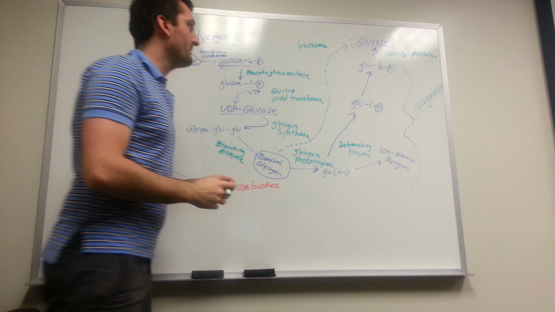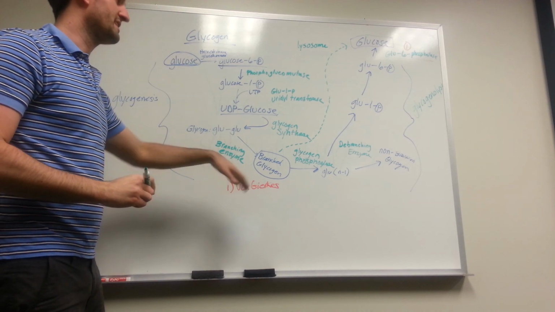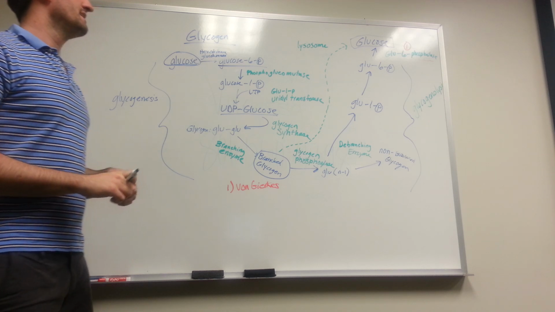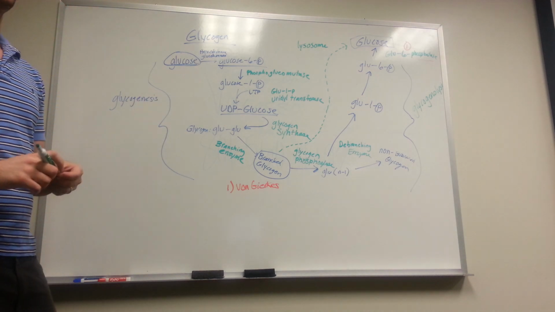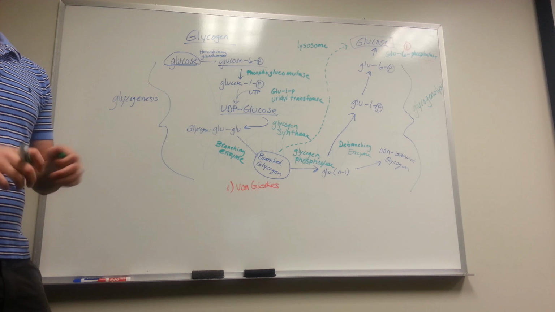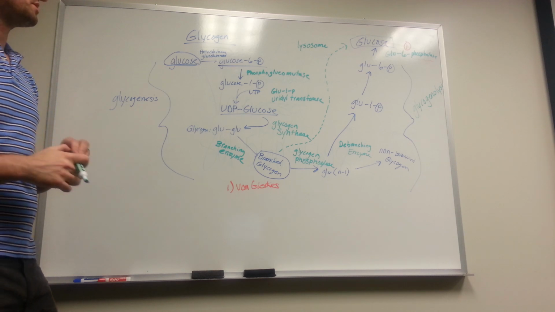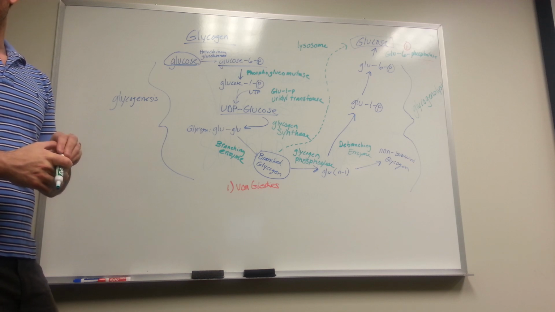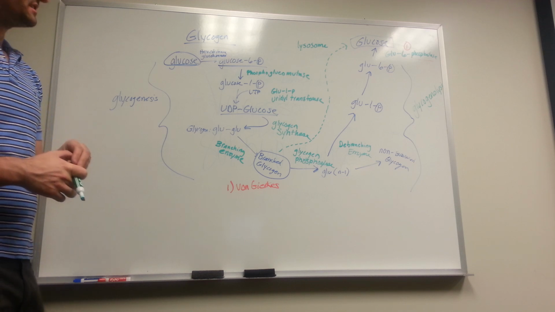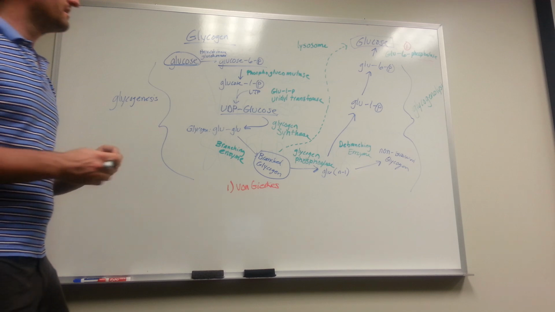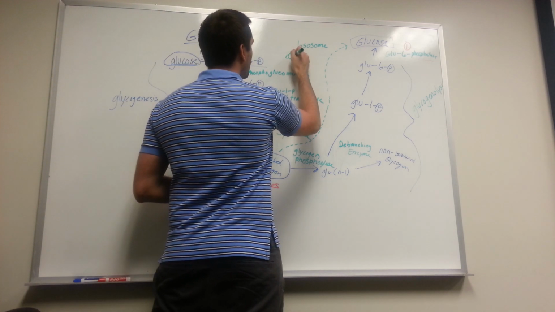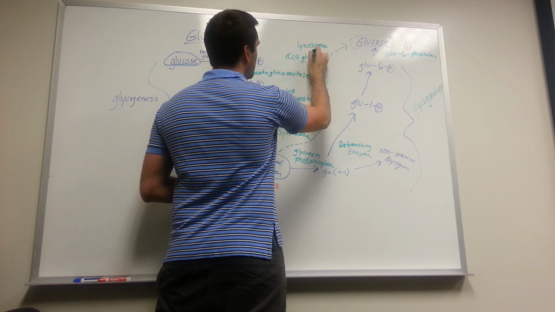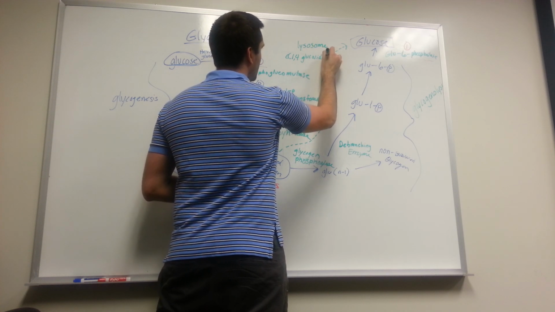The lysosome can slowly degrade glycogen into glucose. It's not a very fast reaction. However, it can. So it'll do this by lysosomal breakdown, and the enzyme involved is going to be alpha-1,4 glucosidase activity.